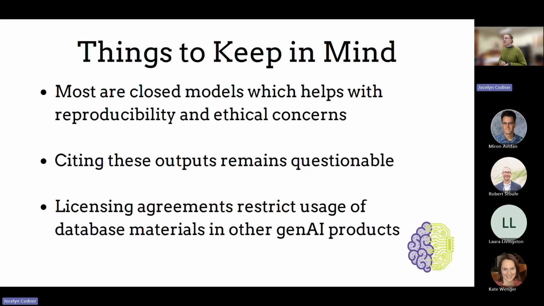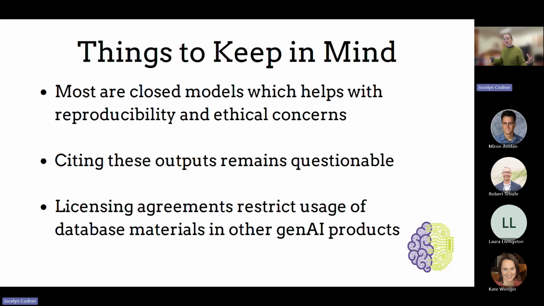Also a thing to keep in mind, our licensing agreements with these database providers and publishers do restrict the usage of database materials in other Gen AI products. Most EBSCO and Elsevier products, all of them actually, Elsevier in particular, say in the usage agreement that you cannot take any articles that you get from Elsevier databases and put them into something like ChatGPT.